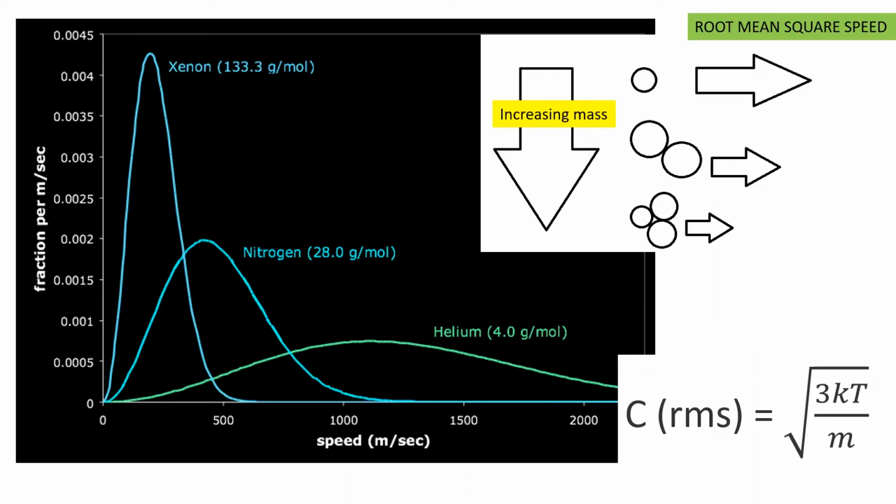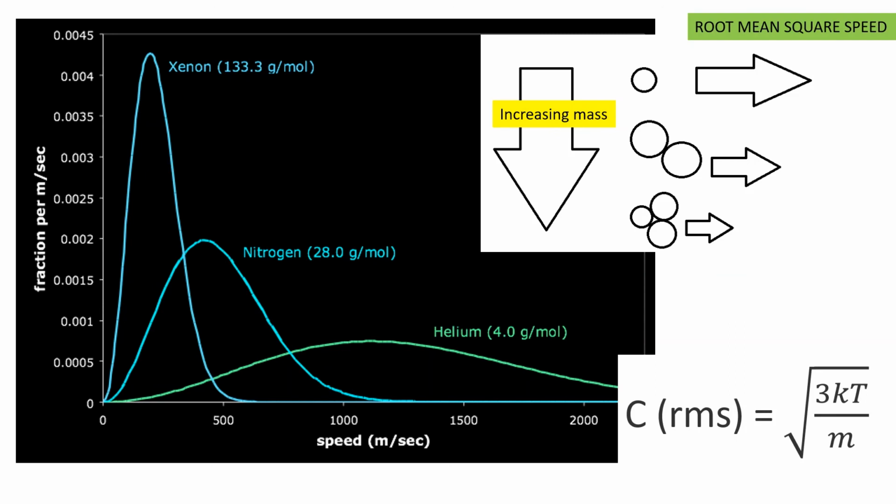If you look at this diagram here, for example, if you have increasing mass, so as you have heavier compounds, then because m increases, assuming that T stays the same, then the root mean square speed will, sorry, if m increases, then the root mean square speed will decrease.